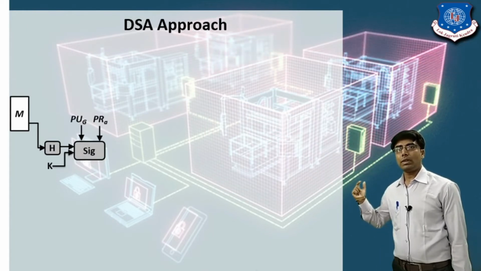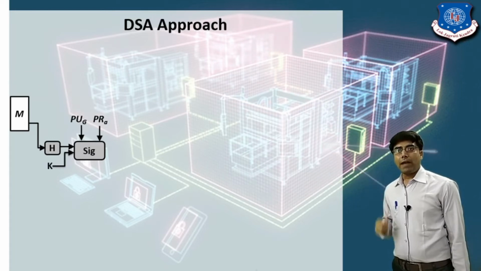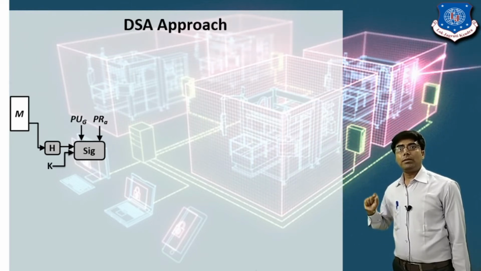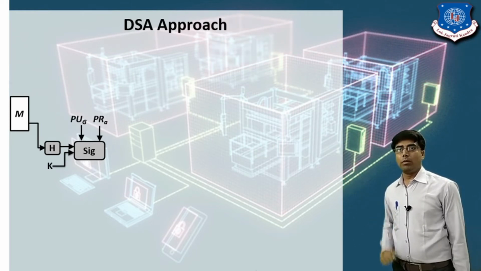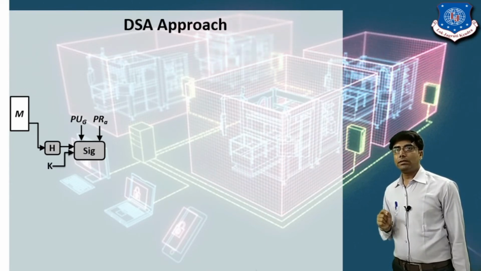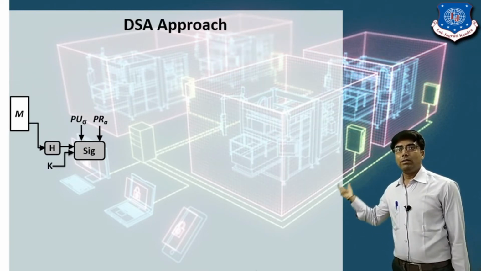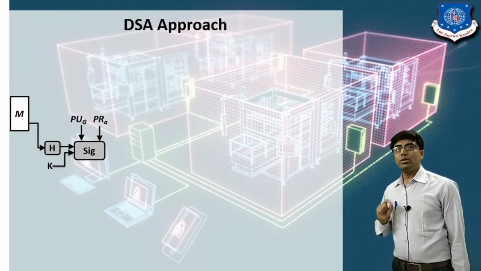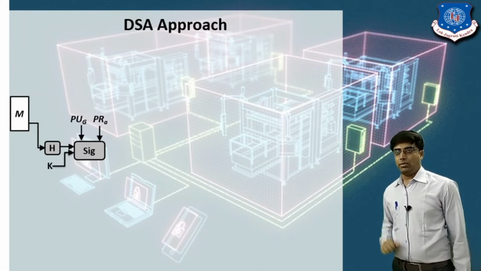The signature function also depends on the private key of the sender, PRA, and the global public key component, PUG. These few components are public, and these public components are available to all the users in the same network.